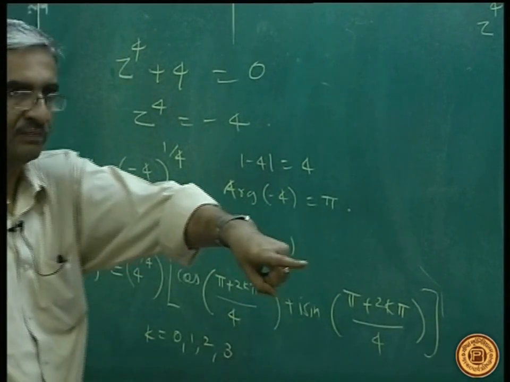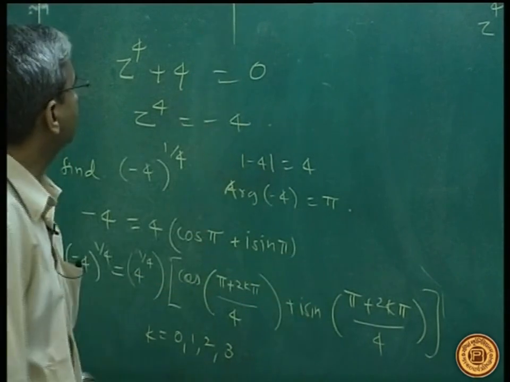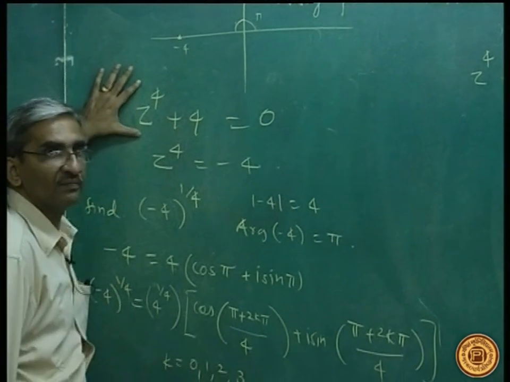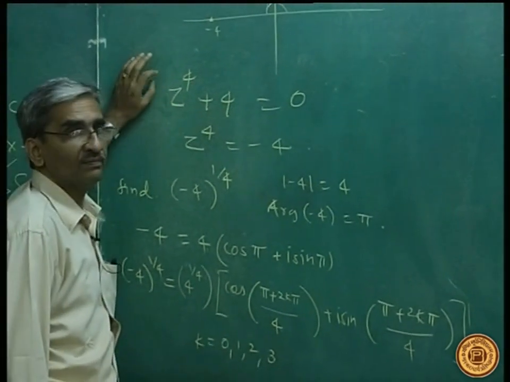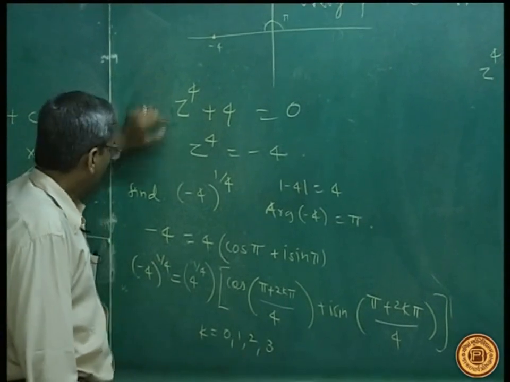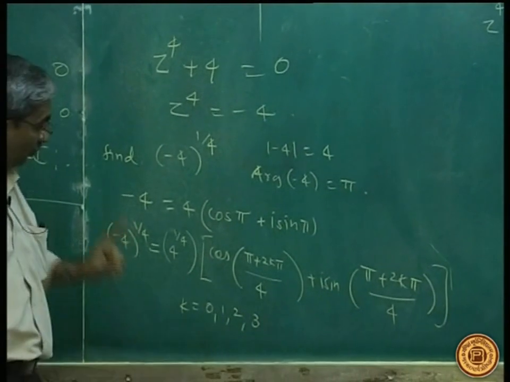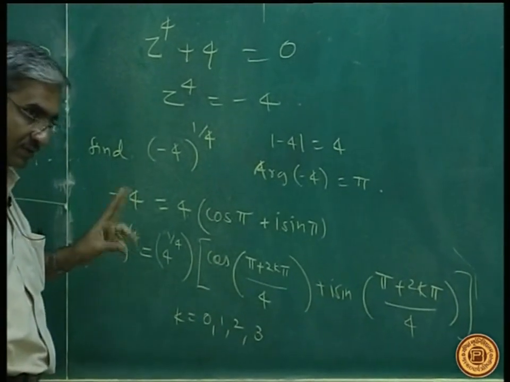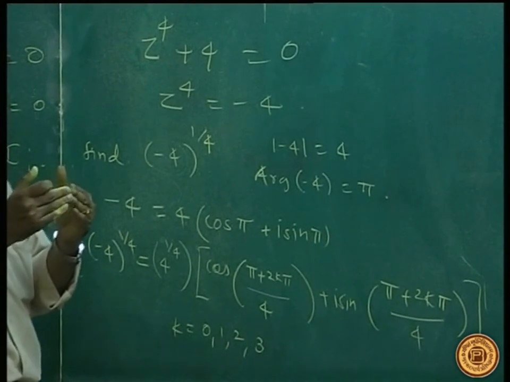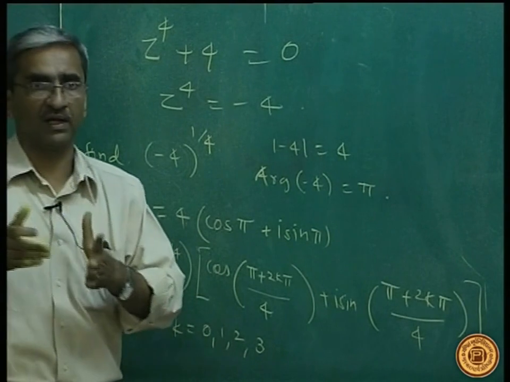Anyways, I have given you the lecture notes of the previous lecture also, where all these points are mentioned, that if a polynomial with real coefficients has a complex root, then the conjugate is also a root. So out of these 4 roots that we have, 2 roots must be conjugates of each other, that is, you get pairs. So you must have z1, z1 bar and z2, z2 bar.